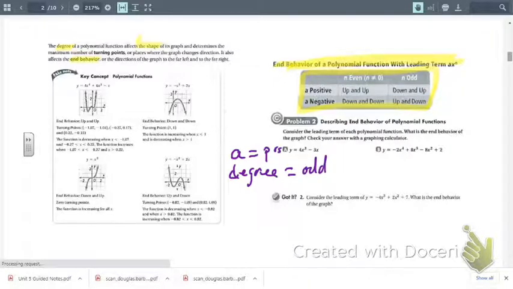Okay, so we look. Alright, so our A is positive, so we're looking in this top row. And then the degree is odd. So right here. So the end behavior is going to be down and up.